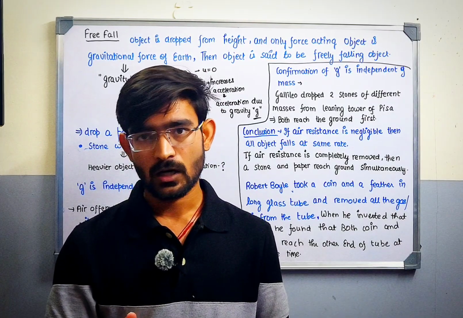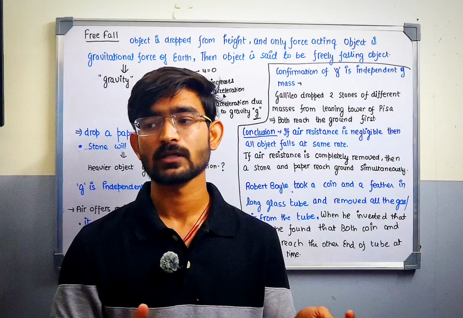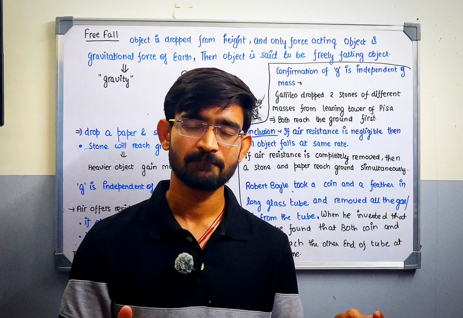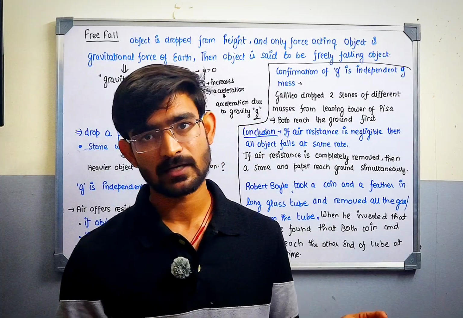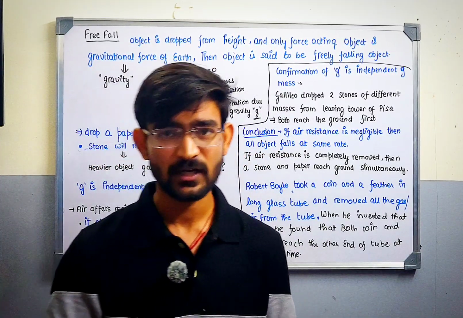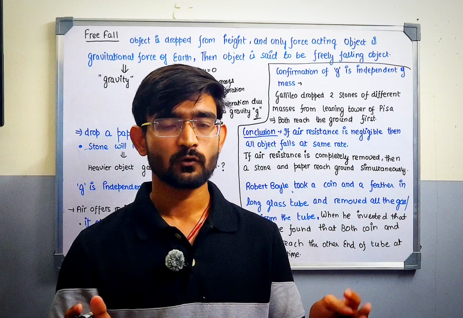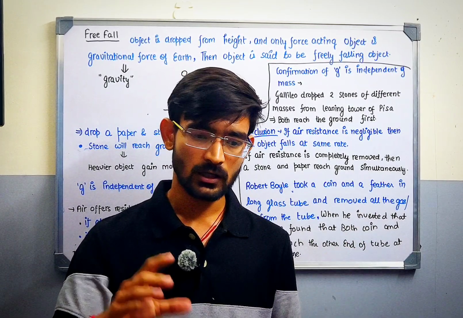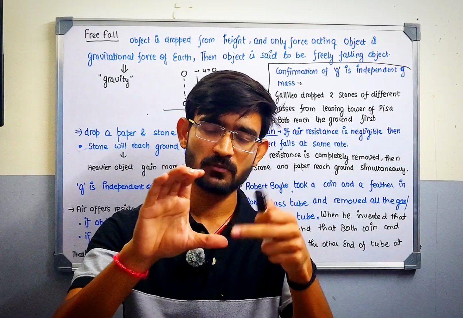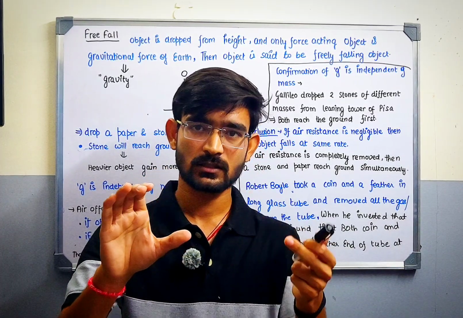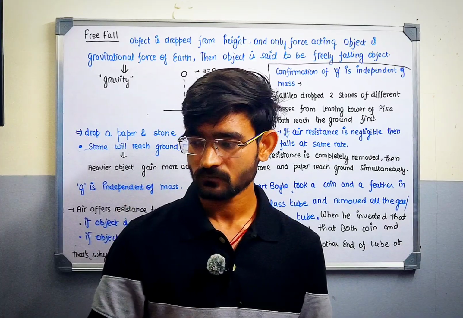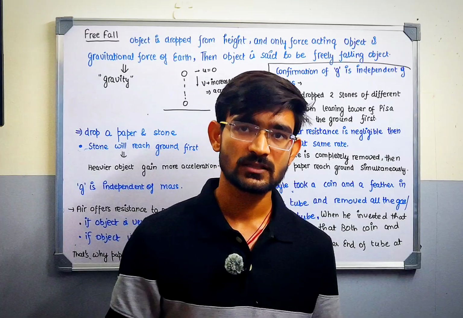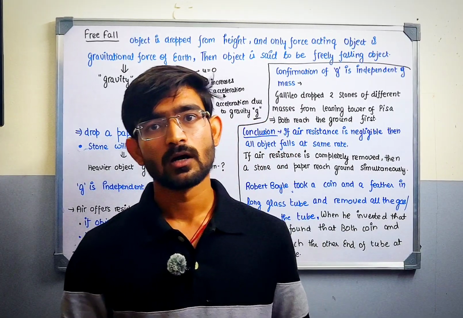And if the object is lighter, meaning less mass is concentrated in a very huge area, then air resistance will be very high. Like in paper, for 1 kg mass you have to take too much surface area, and for a stone, if you take that much stone, its mass can be 1 kg. So paper is a very light object, that's why more air resistance is working on it, that's why it is falling slowly.